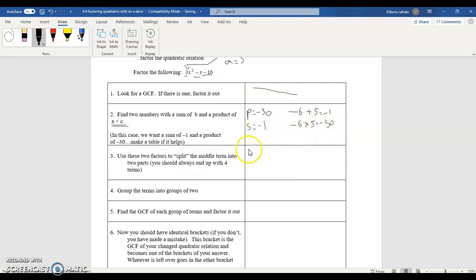So I'm going to start rewriting my expression over here. I'm going to have 3x squared minus x minus 10. And what's going to happen is this value is going to split. So I'll show you doing that. That's the decomposition part. So we're going to have 3x squared, and then one of the numbers I chose was negative 6, so negative 6x.